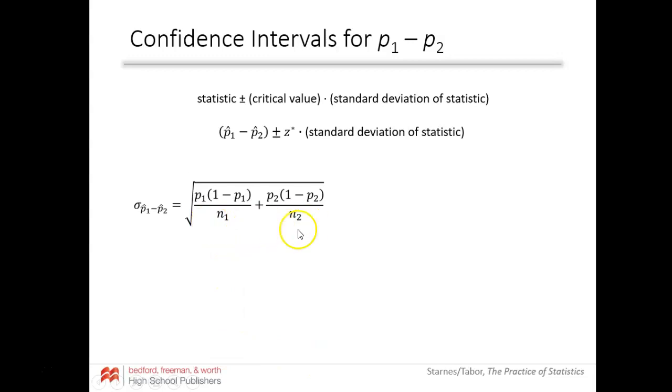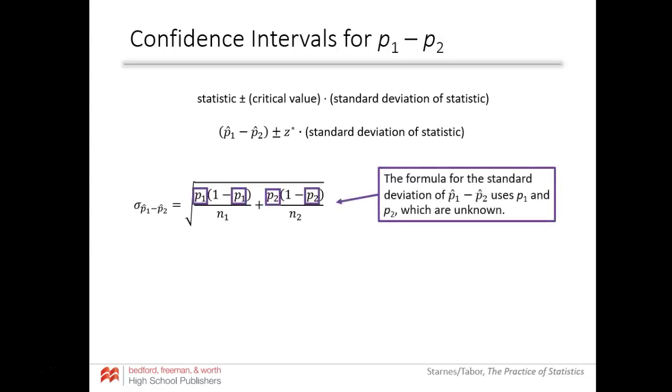This is a formula, and I believe it's on your formula sheet for the AP test. In fact, I have it right here. Let me double check that. Oh yeah, it's there. So it's on the second page, by the way, if you're looking for it. So no need to memorize that, but it is always kind of nice to see where things are coming from.